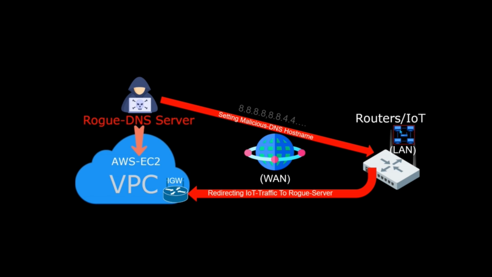If you make a DNS entry with our EC2 instance IP address, all the traffic from the local area network can be redirected to the wide area network, from the private network to the public network.